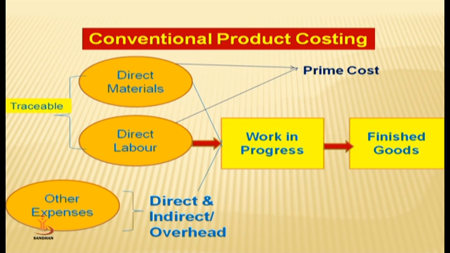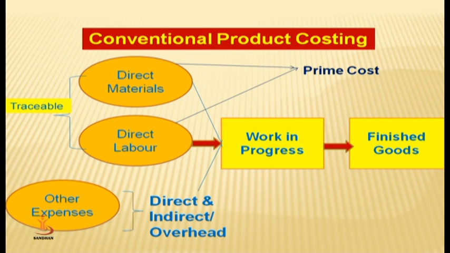The direct material and direct labor are called prime cost, which is very easily traceable to the cost of a product without any complications. They are easily identified to the cost of a product.